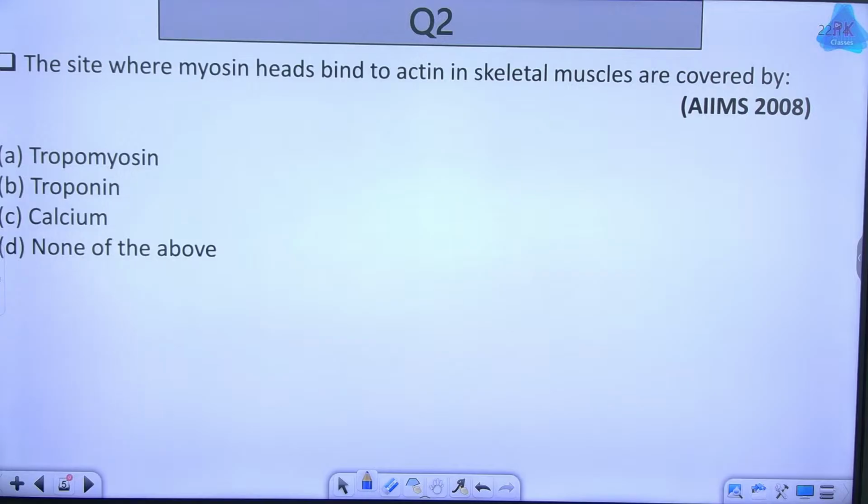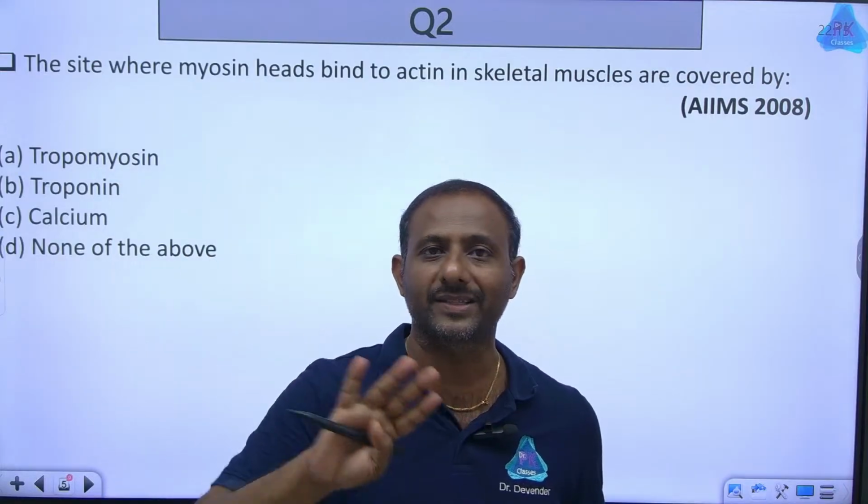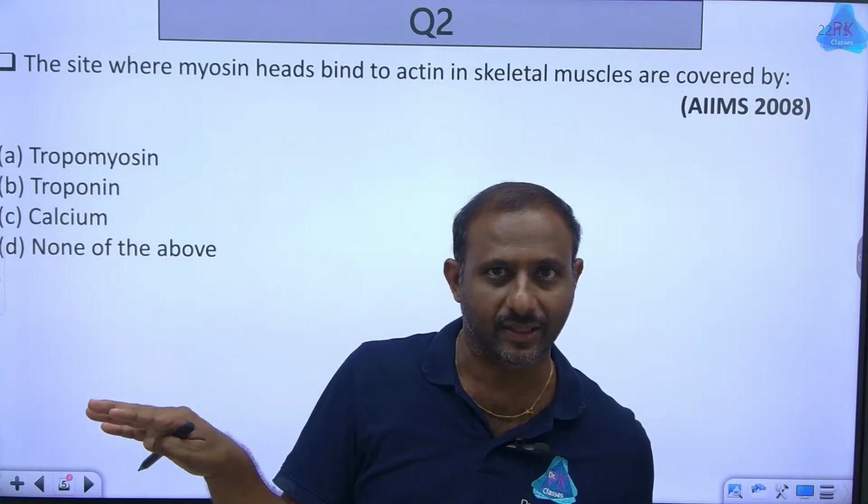Sarcomere is the repetitive structural unit present in the myofibrils. ठीक है.